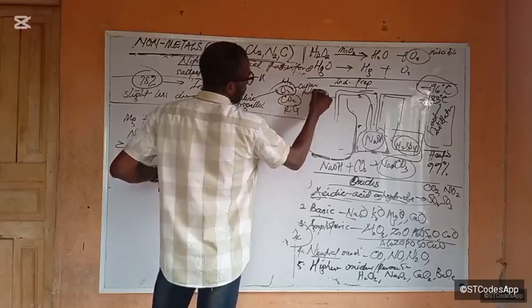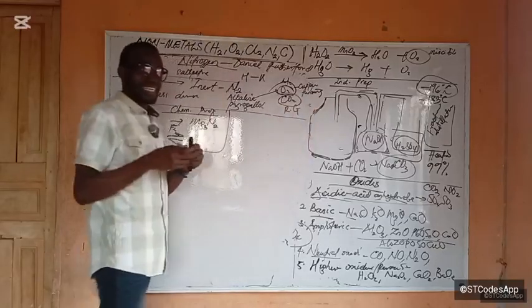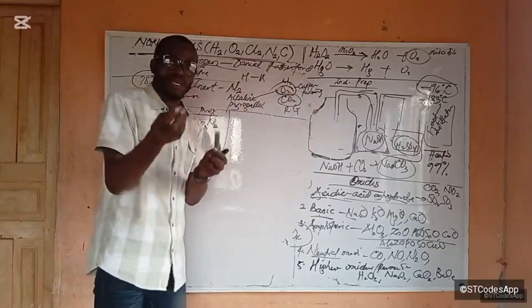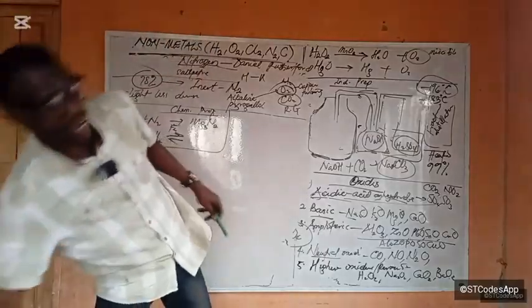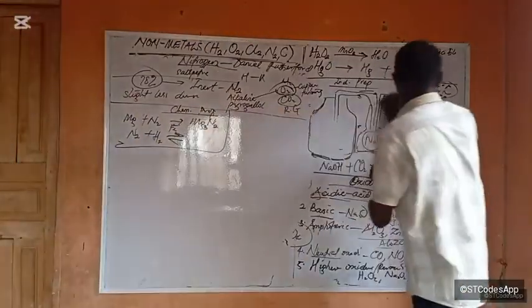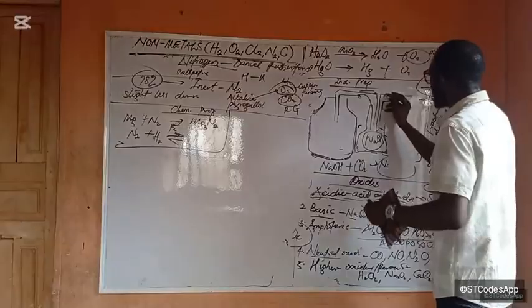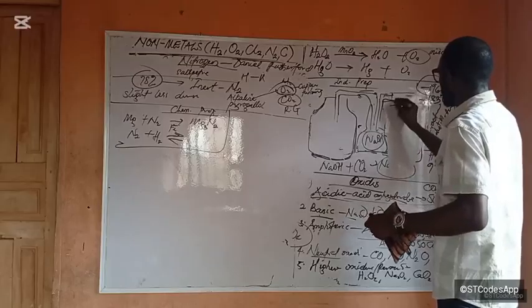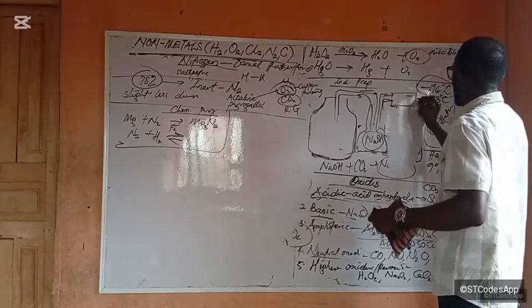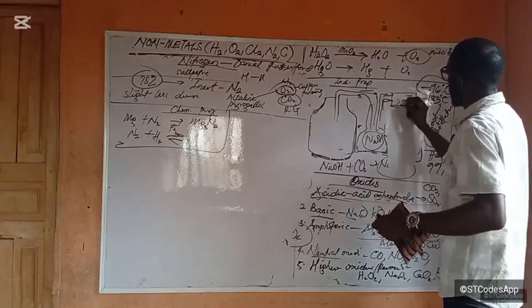What are copper turnings? Copper turnings are just tiny chips of copper. So you can pass it over here, for example. It will be heated, exactly, to make them reactive. Okay, you heat copper turnings here.